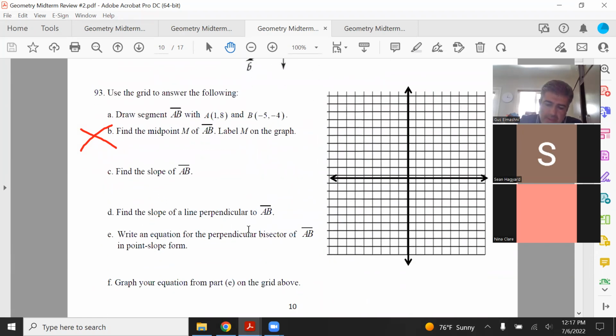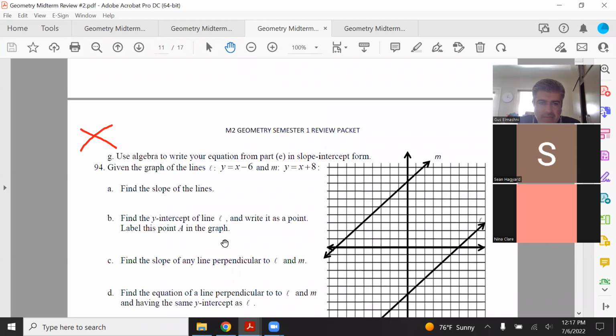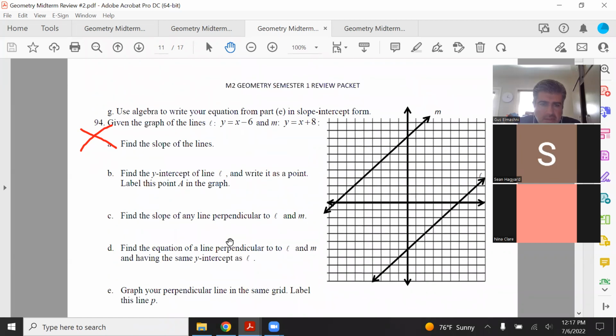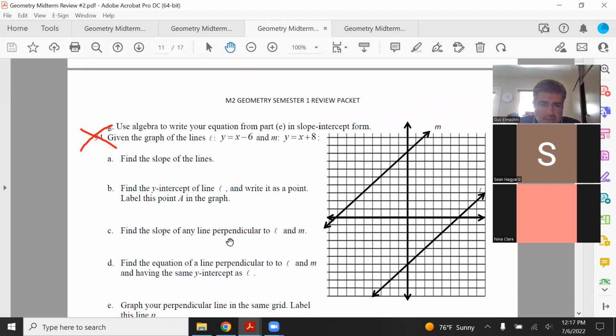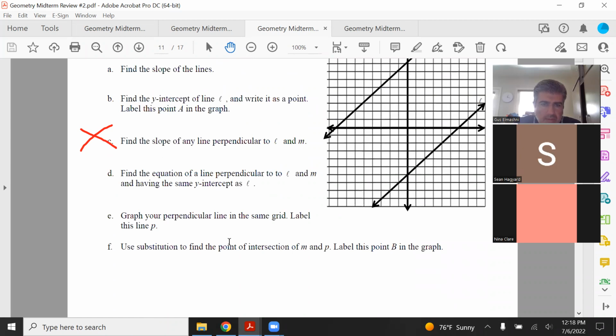Don't worry about 93E. I mean, it's not that hard. A bisector cuts in half, perpendicular means perpendicular line. Don't worry about 94F. We haven't done that stuff yet.